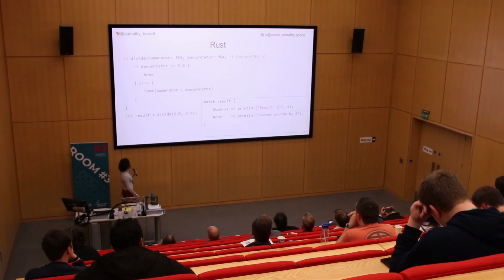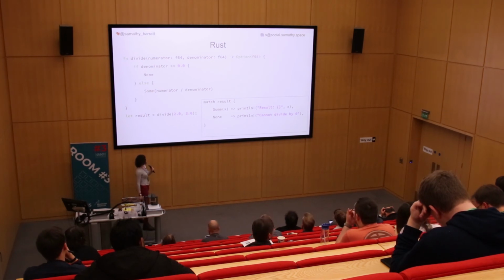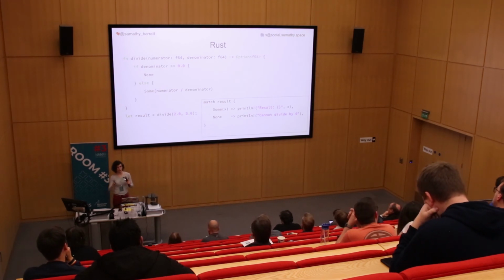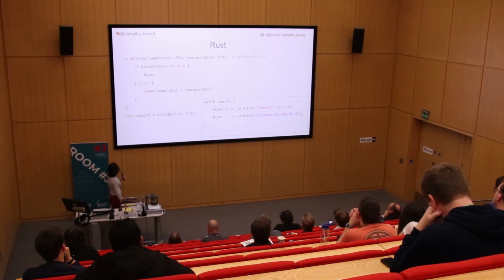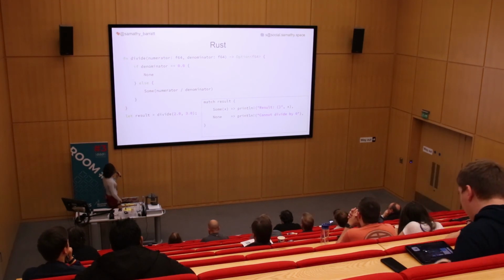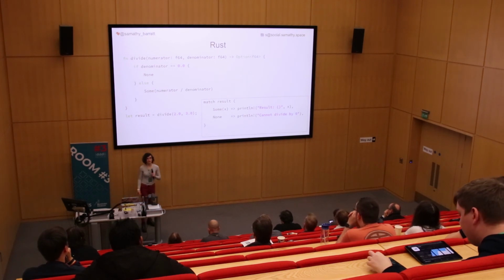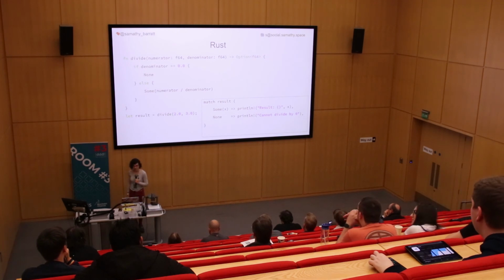If your optional type does not contain a value, you have to use match. It's a bit different to C++'s value_or syntax, but essentially, it's the same thing. The curious thing about Rust is that the only way you can represent the concept of nothing is with an optional type.